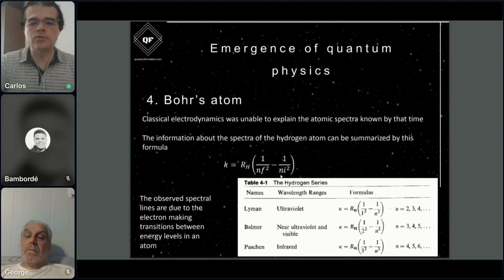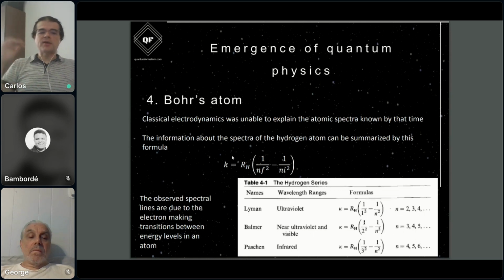So let's say for the Lyman series, the final is the level 1, the lowest energy, right? And the initial can be 2, 3, 4. And the Balmer is this, and Paschen is this, and so on. Balmer has the final at level 2, and the initial will be 3, 4, 5. This formula was obtained by experiments.